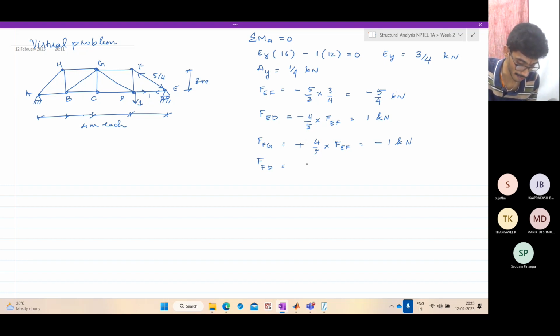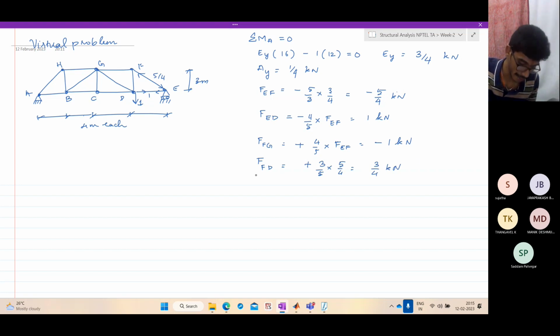So this is plus 3 by 5 of 5 by 4, which is 3 by 4 kilonewtons tensile.